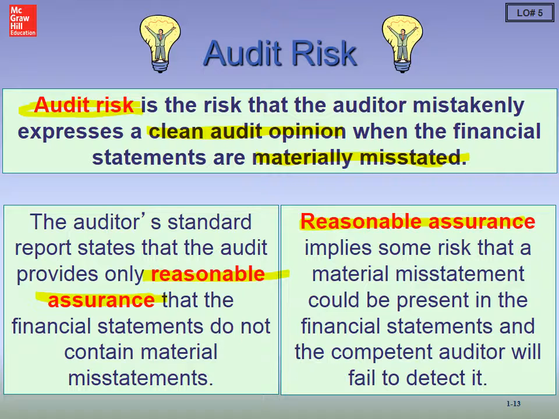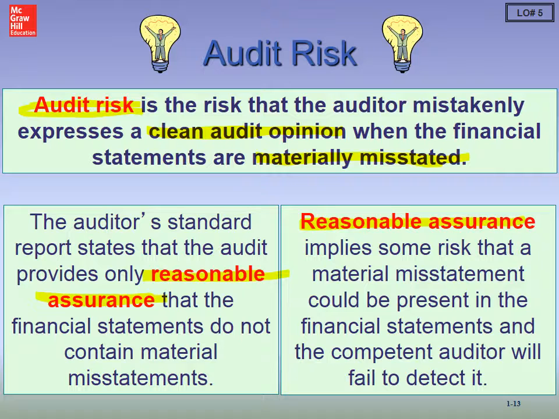That's where we were. A clean opinion is what we call an unmodified opinion. Clean opinion means that I think the financial statements are fairly stated, when in fact there is a material misstatement in the financial statements, and it can happen. We don't want this to happen, but it could happen. That's that idea of audit risk.